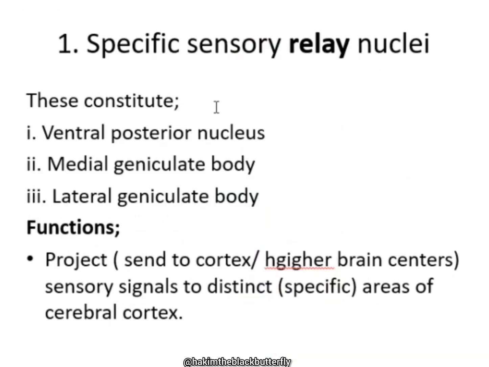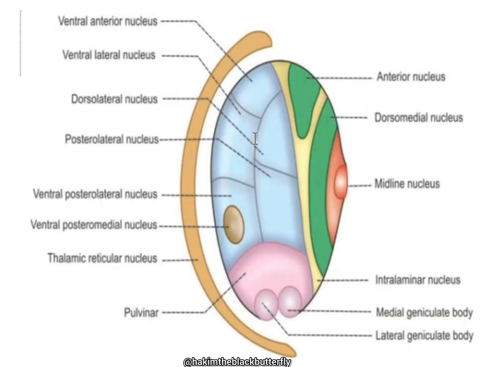But we have classified it under specific sensory because it only receives sensory stimuli on their way to the cerebrum. That is why most of the ascending tracts which are bringing sensory stimuli to the thalamus come here, because those ascending tracts contain sensory information. So this receives sensory stimuli only, specifically from the ascending tracts, the ventral posterior, which has the ventral posterolateral and ventral posteromedial.